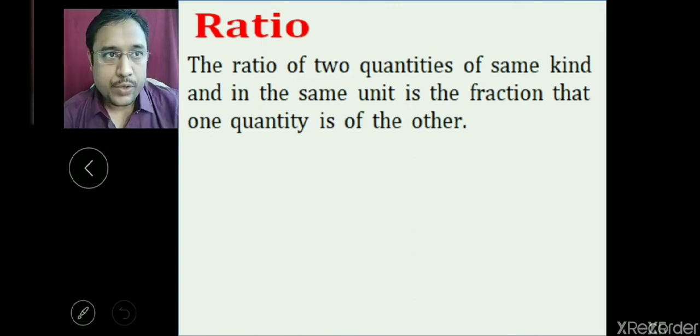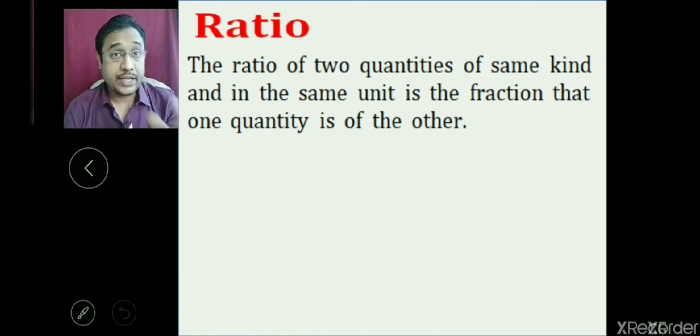That means their units should always be the same, because we are finding the ratio of two quantities whose unit is the same, that means their type is the same. So the ratio of two quantities of the same kind and in the same unit is the fraction that one quantity is of the other.